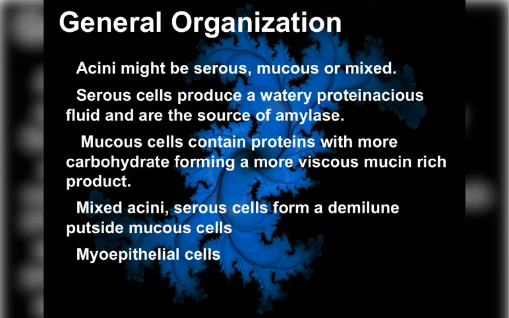Acini might be serous, mucus, or mixed. I prefer to use secretory end pieces because acini usually refer to spherical secretory end pieces. So I think we should correct that into secretory end pieces might be serous, mucus, or mixed.